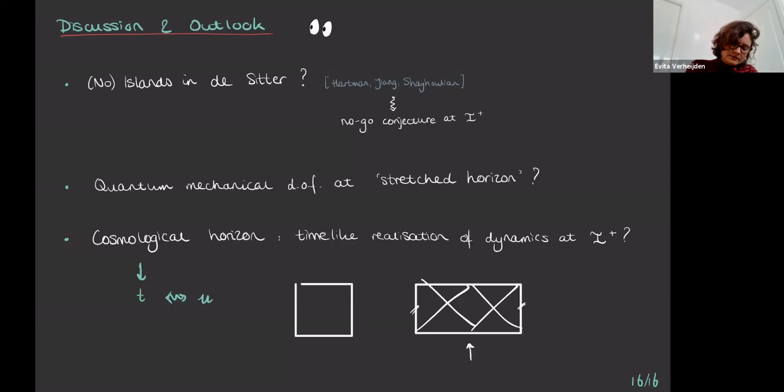This has been studied also in this paper that I mentioned earlier, but also by these authors. So there's the extended Penrose diagram in 2 dimensions, and they are looking at, okay.